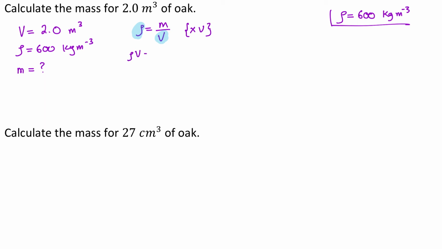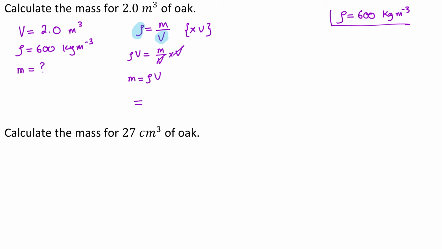And the right-hand side, I'll just write it out in an extra step, and I'm going to skip this step in future. The volumes cancel out, so I'm multiplying both sides by volume in order to isolate for the mass. Once isolated, mass becomes rho times volume, and now we can just start putting the numbers in, and I'm going to try to write it a little bit bigger in case you're looking at this on a smaller screen.